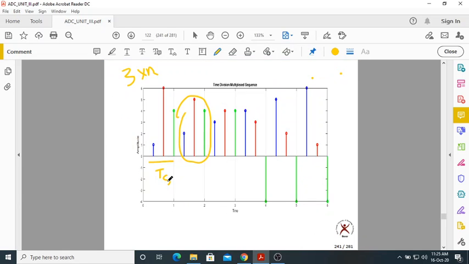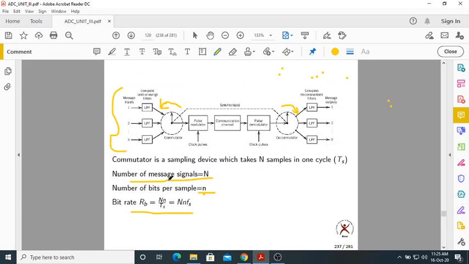What is the bit rate? The number of bits per second. By simple logic, in Ts seconds we are transmitting 3n bits, so in 1 second we transmit 3n by Ts, otherwise 3n by fs.